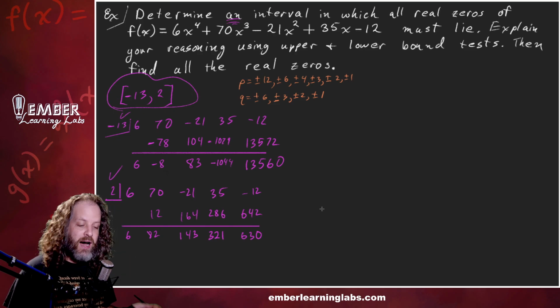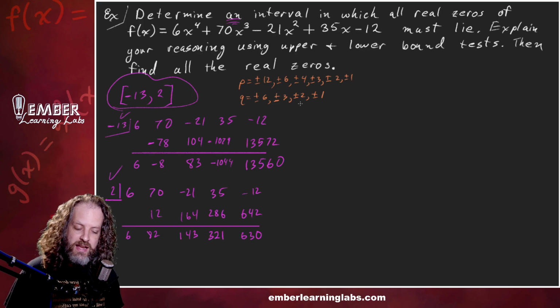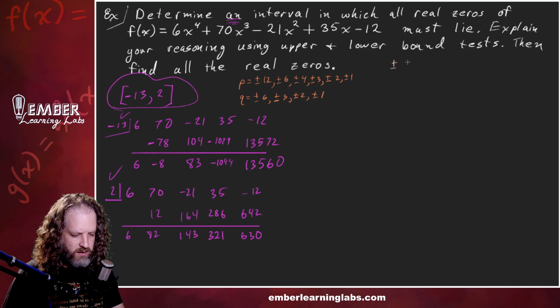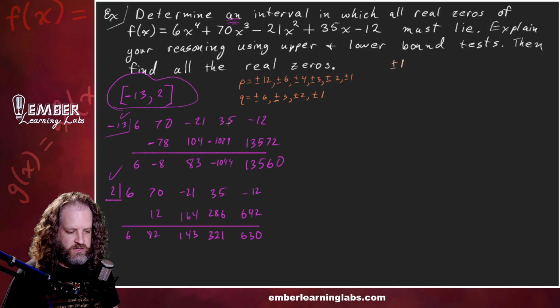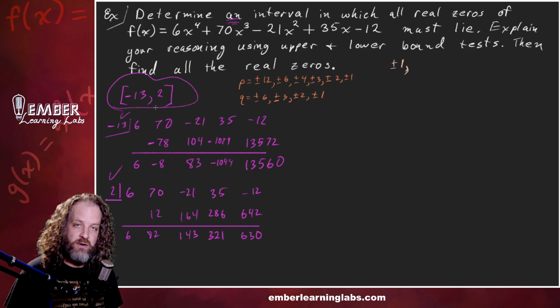So all the possible ones are these over these. So I'm going to do it in order like I like to do. So we'll start with this one, 1 over 1. So the possible ones are plus or minus 1, which both fit in this bound. So I'm going to list it, right? Both of those are in this range.